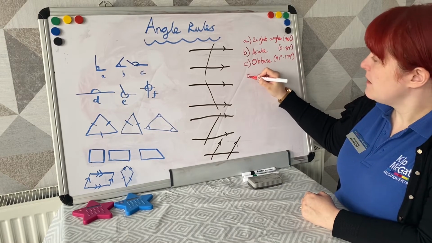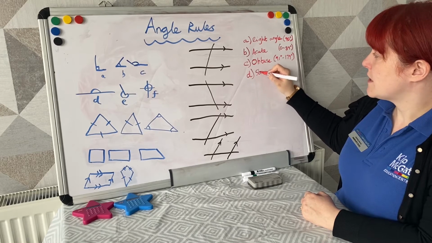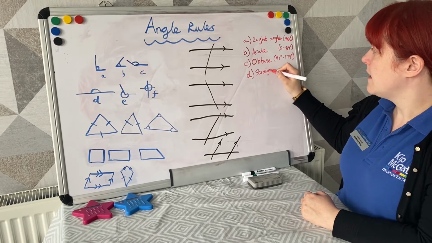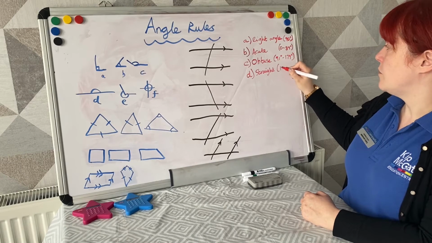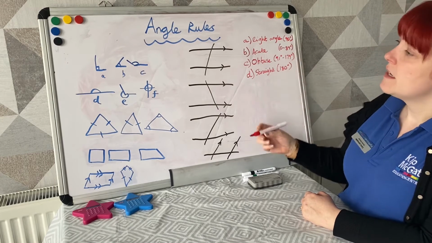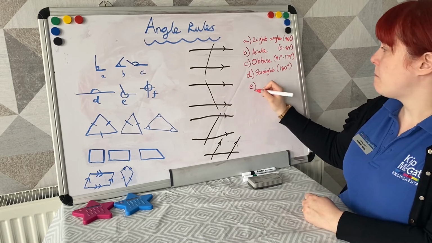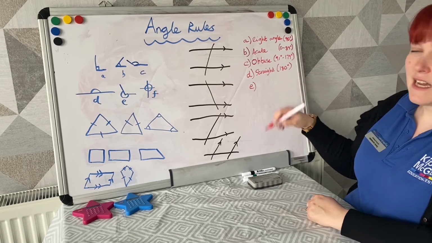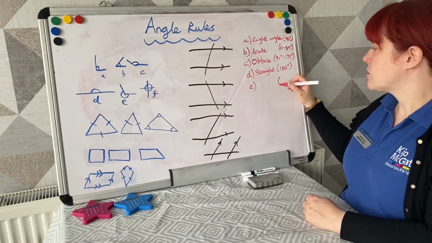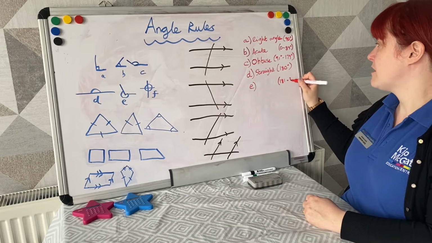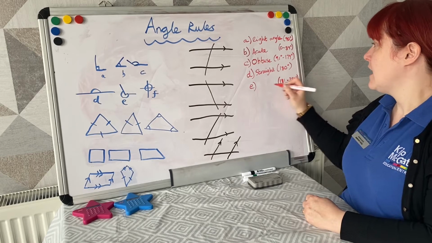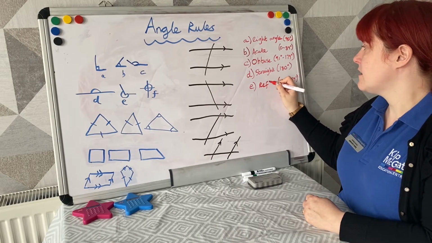Then we've got D, which is our straight line. Does what it says on the tin, it is a straight line and it is 180 degrees. Then we've got E, which is anything bigger than our straight line and less than 360, so it is 181 to 359 degrees, and it is called a reflex angle.